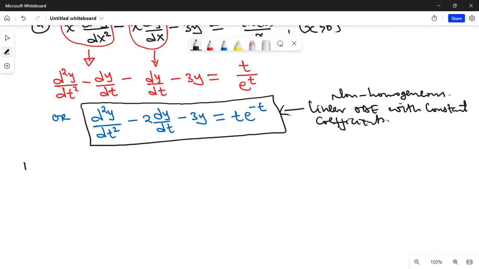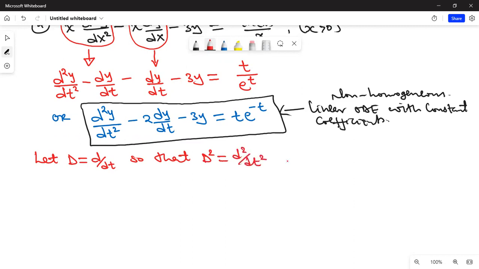So we have two solutions. The first solution is the complementary function. How do we denote that? The yc. But before we talk of the complementary function, let's write this equation in terms of the D operator. So let D, in this case, be the derivative with respect to t, so that d squared will be the second derivative with respect to t.